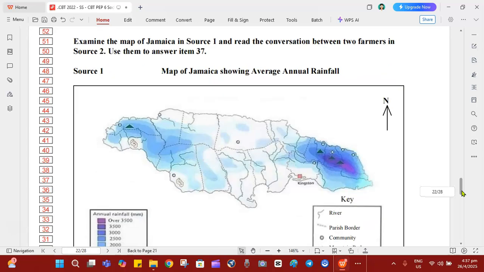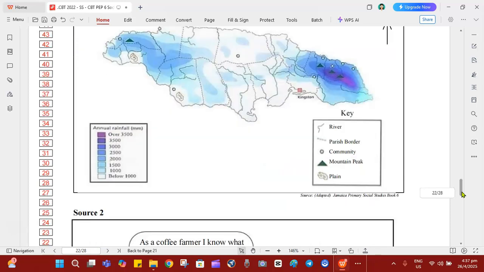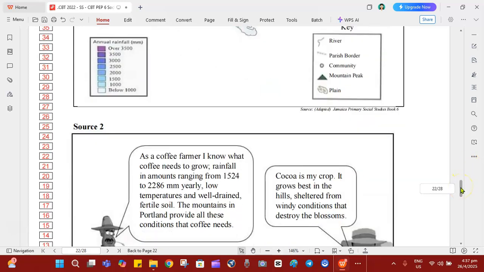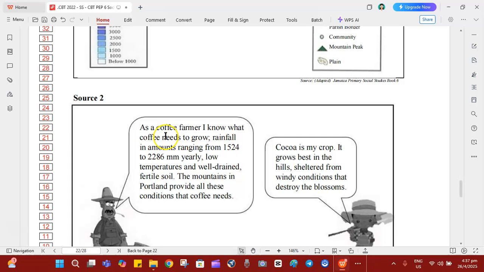Alright, so here we have a rainfall map to use for 37. So you always remember to use your key and to look at whatever they show you, as in what the map is showing. All right, so above what's the measurement. Ensure you look at everything on any diagram you're given. Source 2. As a coffee farmer, I know what coffee needs to grow.